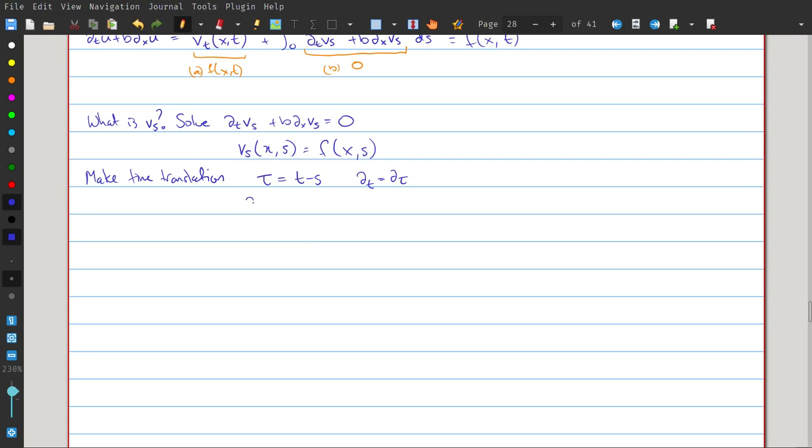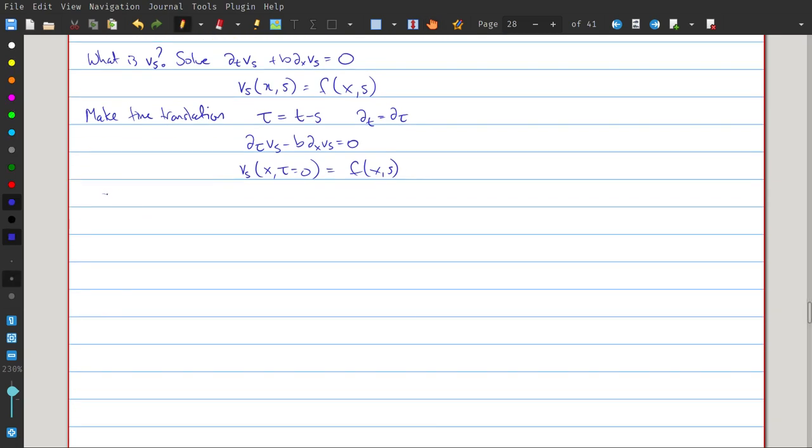So we have that the derivative of v_s with respect to tau is equal to 0, and v_s at x when tau is equal to 0 is equal to f of x, s. So now, given this coordinate transformation, it is in the form of the homogeneous transport equation with given initial condition.